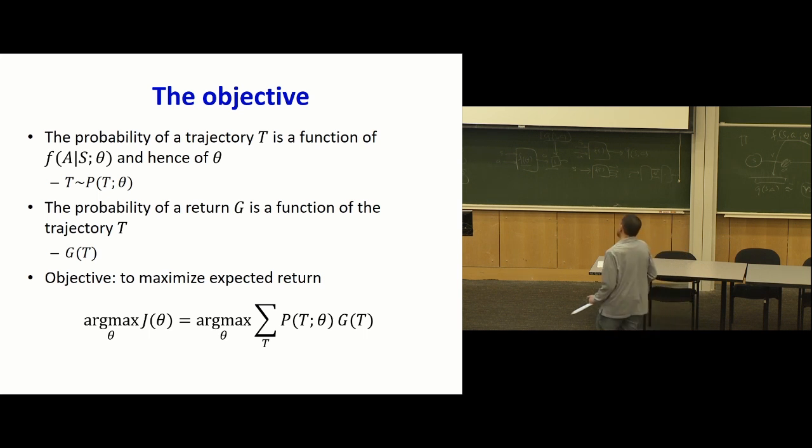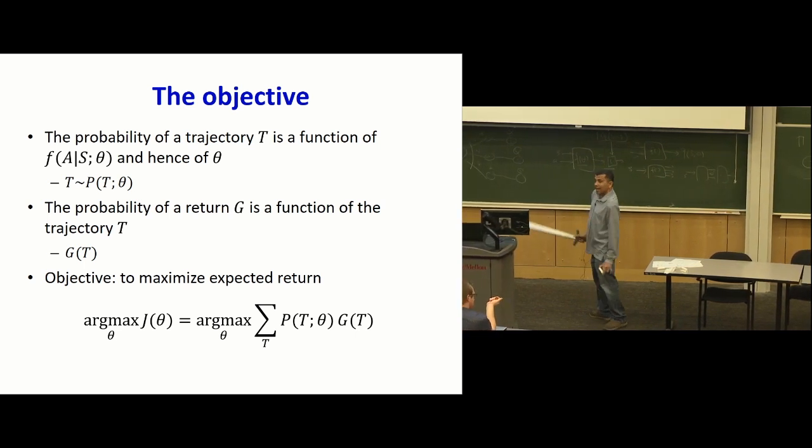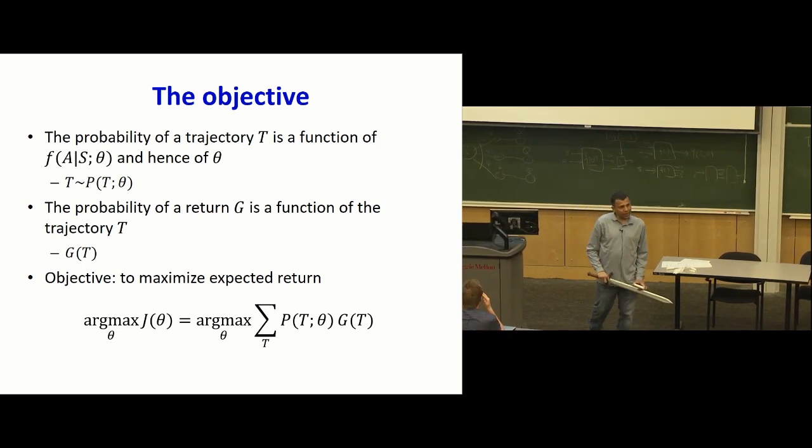So what we really want to do is to maximize the expected returns, which is to say you're going to take the average over all trajectories of the return for that trajectory.